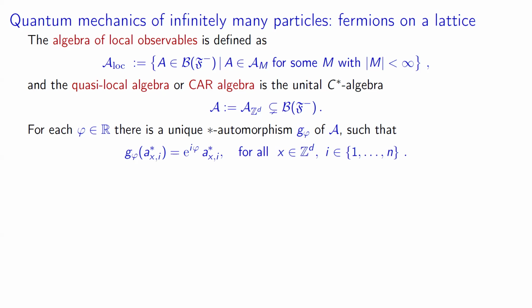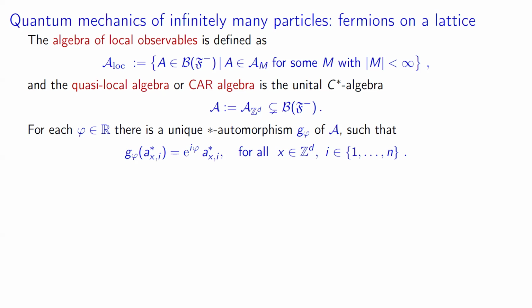And we need to introduce some subalgebras. We will see why; this is very simple. There is an automorphism of this algebra where you just multiply each creation operator with an e^{iφ}, so you attach a phase to the creation operator, and then you extend this map to a linear map on the algebra by the usual rules.